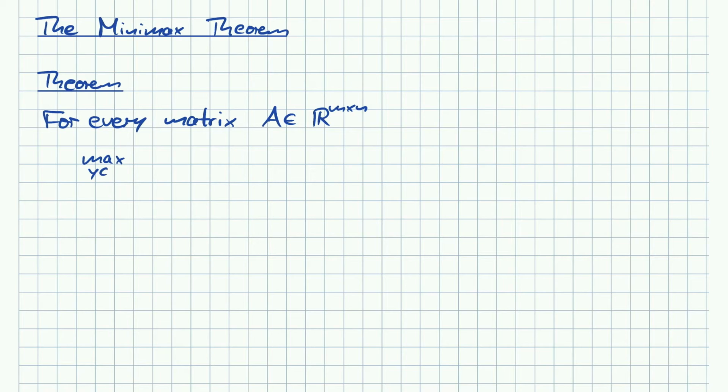Take the maximum over all y in Delta_n, take the minimum over all x in Delta_m, consider x transpose times A times y. This will be exactly the same as the minimum over all x and then the maximum over all y.